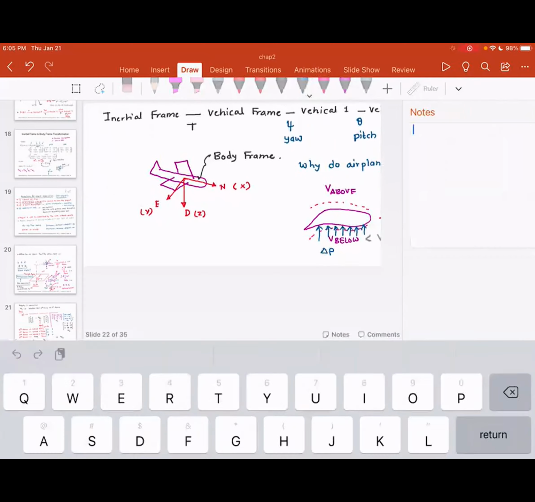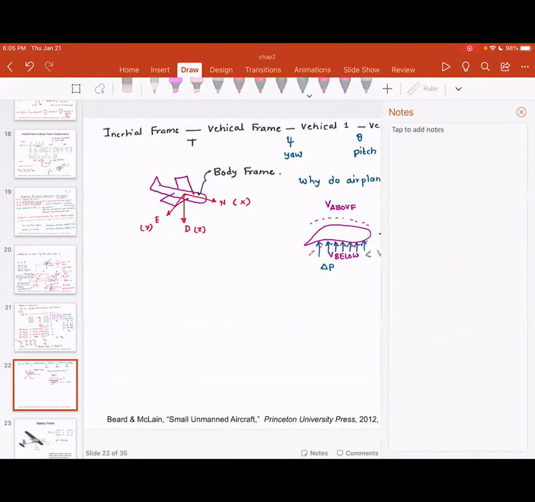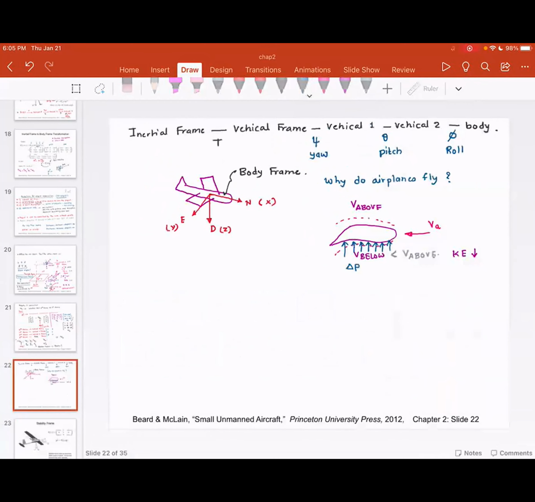Similarly, the velocity above is greater than the velocity below, so the pressure here is less. So this is less pressure.